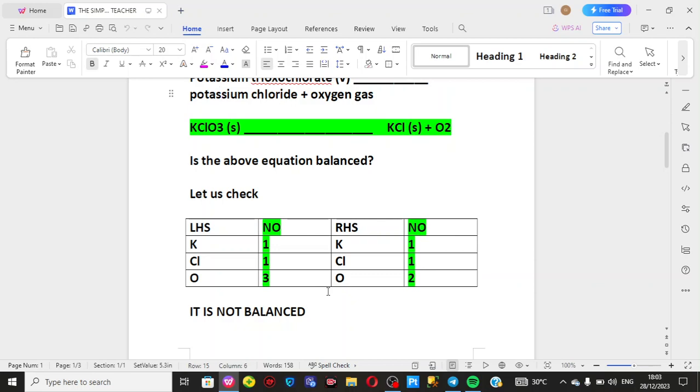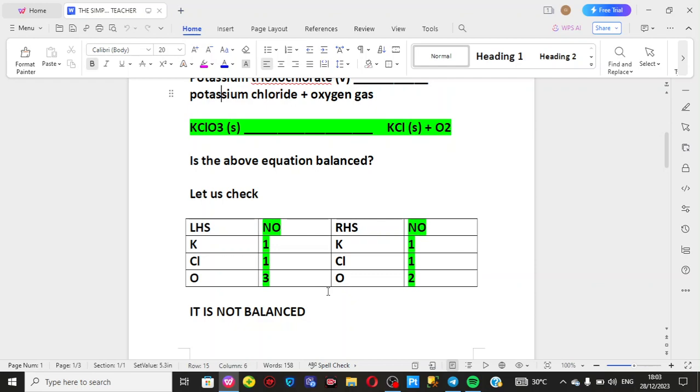The number of atoms of potassium there is 1, the number of atoms of chlorine there is 1, the number of atoms of oxygen there is 3. At the right hand side, the number of potassium there is 1, the number of chlorine is 1, the number of oxygen atoms there are 2 oxygen atoms. So they are not balanced.